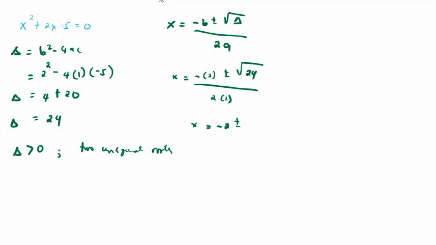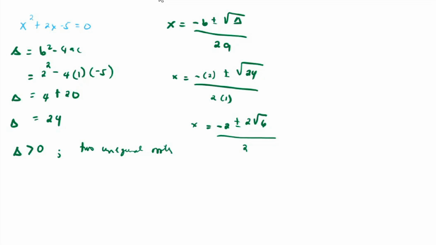Since the square root of 24 is not a perfect square, we can write the square root of 24 in simplest form. So the simplest form is 2 square root of 6 all over 2. Now, you can see that the coefficient of the radical form is 2. We also have negative 2 on the first term, and we have a denominator of 2.